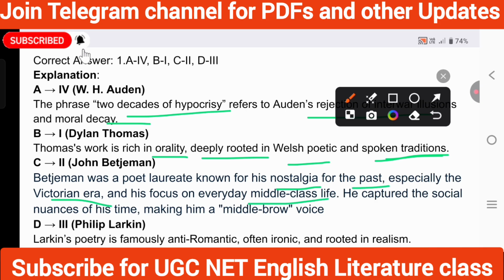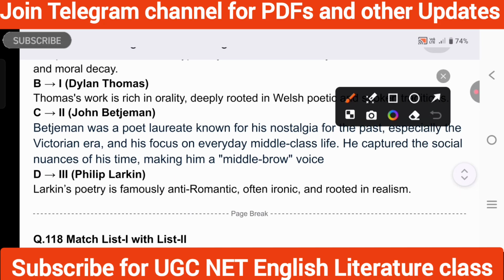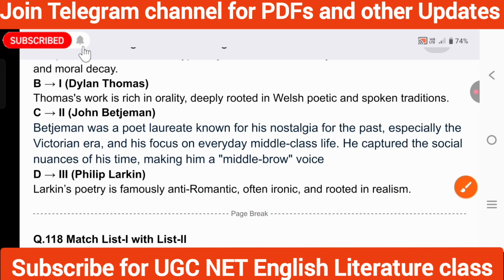He captured the social nonsense of his time, making him a middle-brow voice. So the middle-brow voice here is John Betjeman. Then D fits with Philip Larkin, and Larkin's poetry is famously anti-romantic, often ironic and rooted in realism. Although Philip Larkin belongs to the Romantic age, his poetry is anti-romantic, a blend of irony rooted in realism. So this was the correct answer of this question.